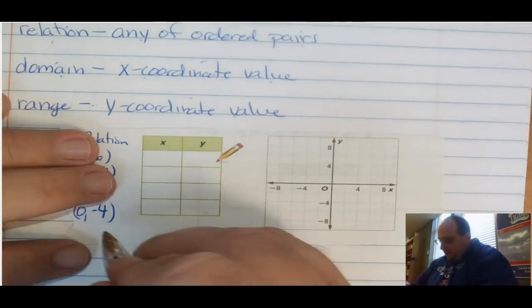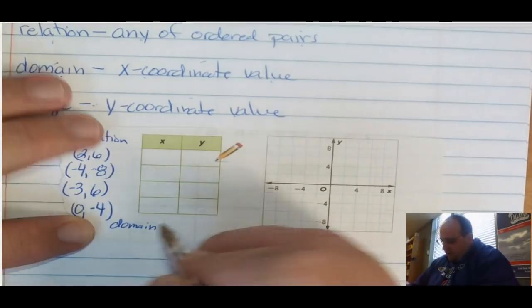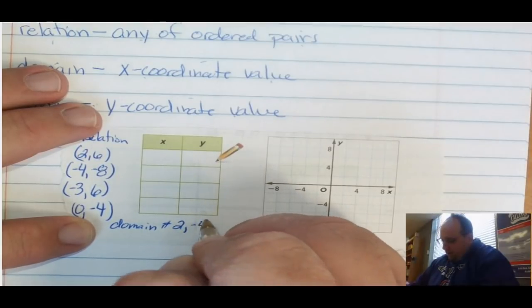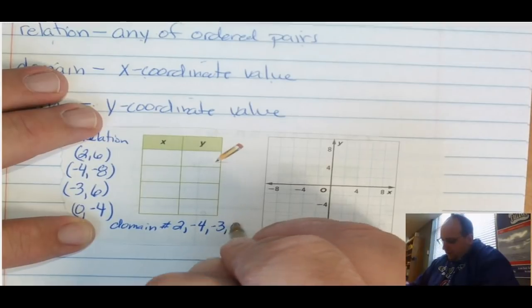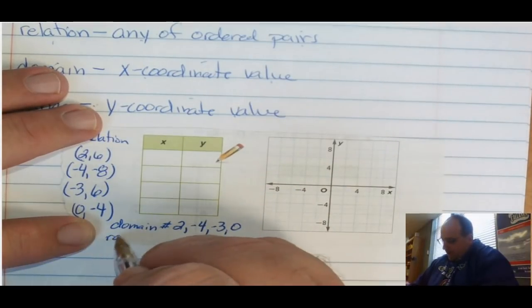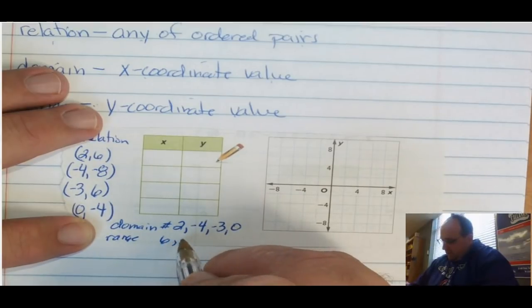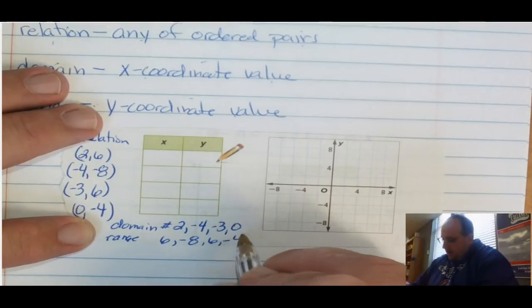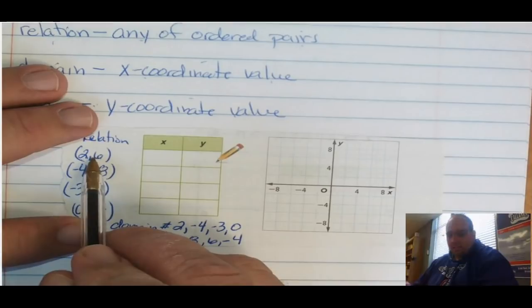So if I think about this, I'm going to think about this one as my domain numbers. My domain numbers are 2, -4, -3, and 0. My range numbers are 6, -8, 6, and -4.